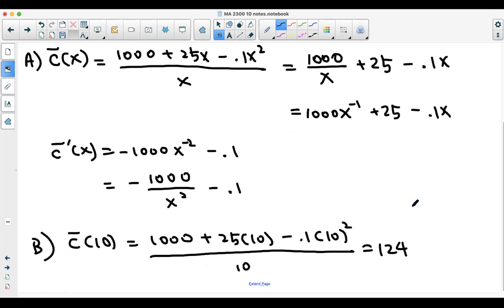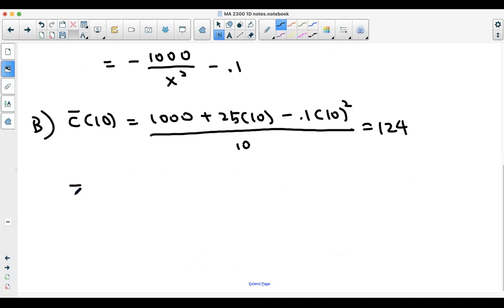Now, let's try to calculate the marginal average cost. So what I'm going to do is C bar prime of 10. That's negative 1000 divided by x squared, I believe, right?